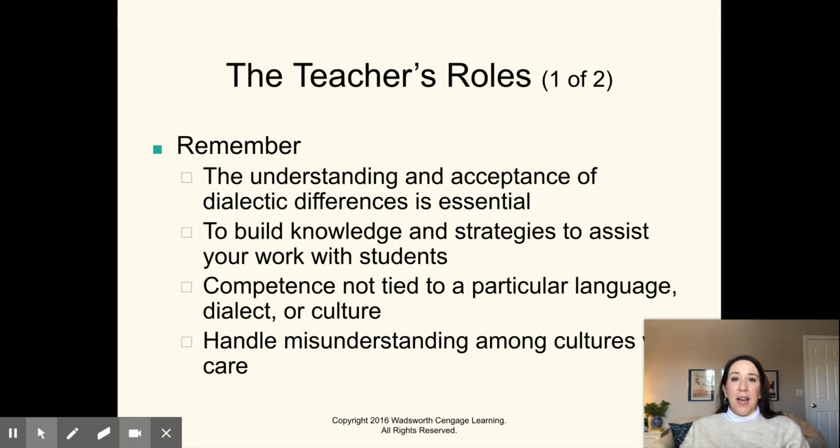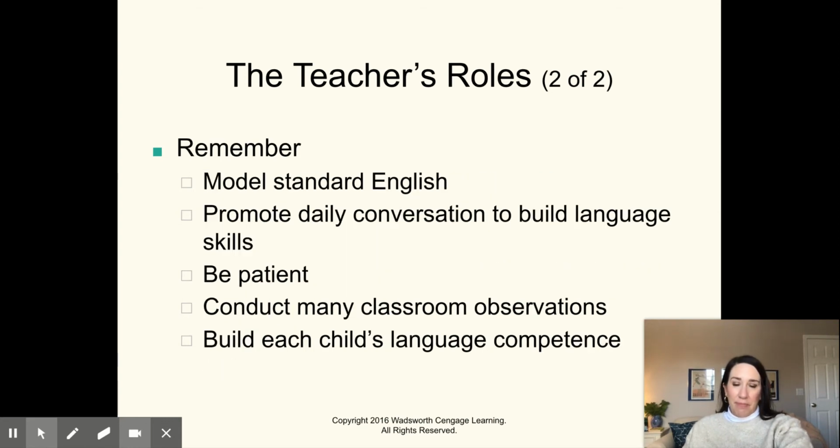Helping them understand that their competence is not tied to a particular language or dialect or culture. And you need to understand that too, that you can be smart in any language or from any culture, and that you can understand things in any language and from any culture. And you want to just make sure that there's a certain amount of respect in all of your teaching.